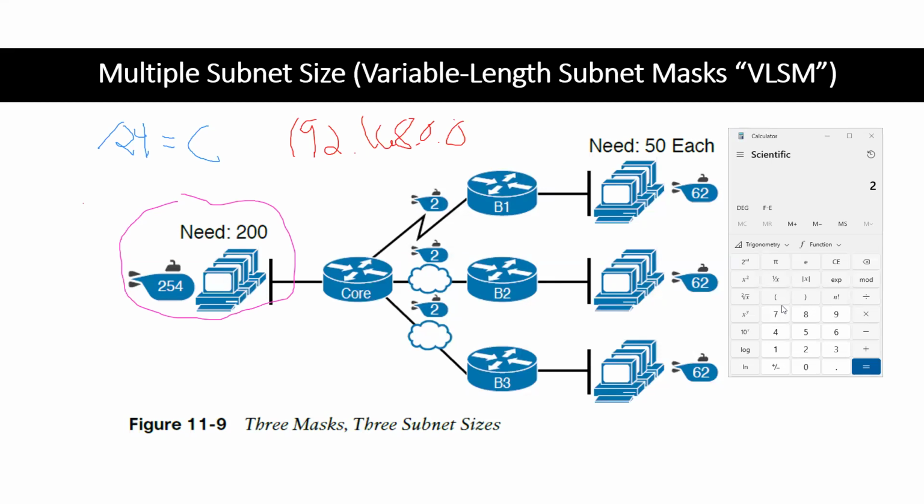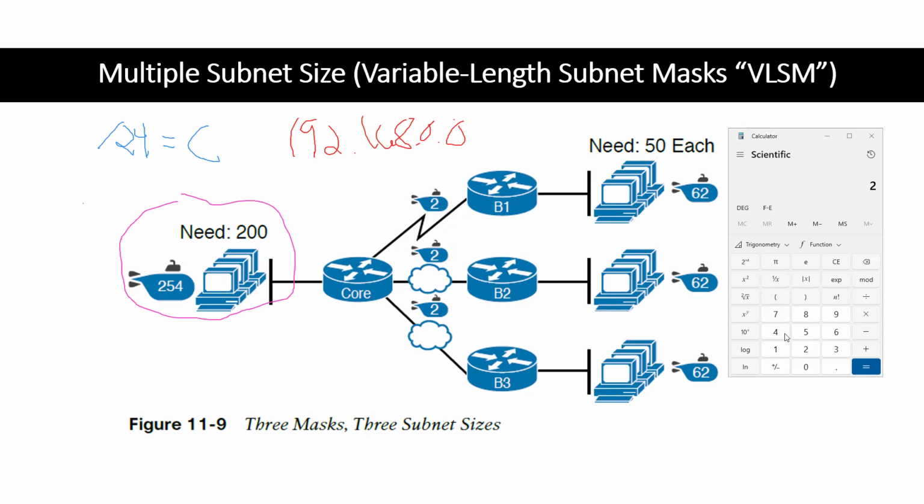How many host bits are we going to use for a subnet? And with the end result, minus 2 is going to give us the available usable IP addresses for each subnet, based on that value.